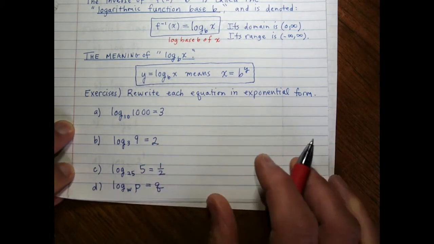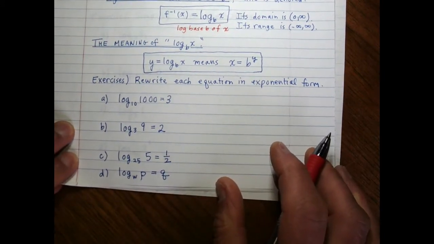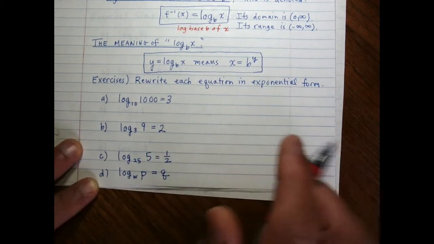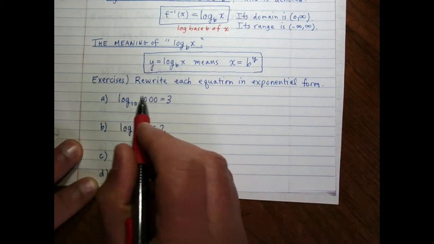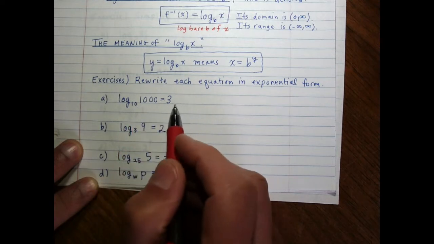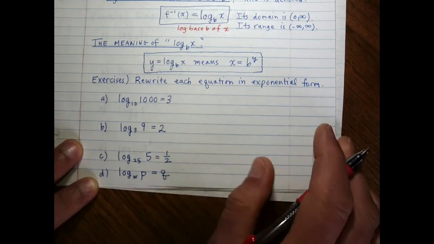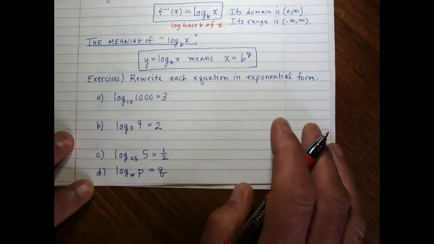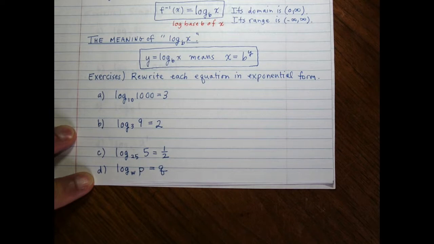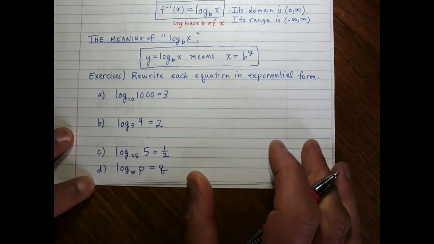This log notation can be kind of intimidating and confusing at first, and so we're going to spend some time translating, rewriting log equations and log expressions into exponential form. That's a good way to just get a handle on what a log means. In fact, even for me today, sometimes when I encounter a logarithm expression, I rewrite it as an exponential to get some sense out of it. So that's what we're going to practice in these exercises.